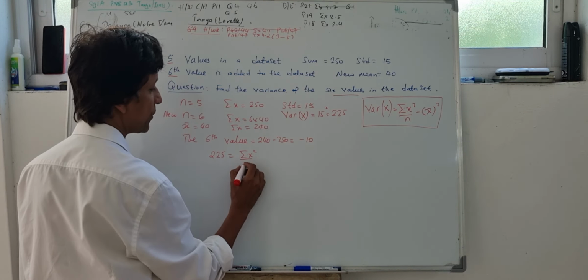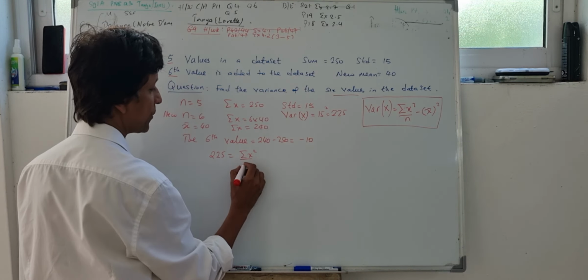The mean was 250 over 5, which is 50, and 50 squared is 2,500. So 225 equals the summation of x squared over 5 minus 2,500. Rearranging, the summation of x squared is equal to 225 plus 2,500, all multiplied by 5.